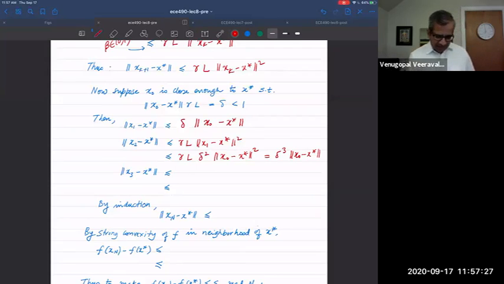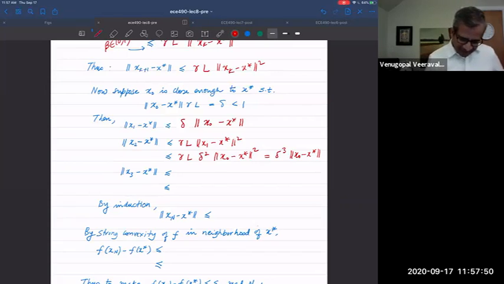Aha. So now I'm seeing that in one step, going from x1 to x2, I've made my delta factor go from delta to delta cubed. Now, if I didn't have the squared relationship here, I would have just gone to delta squared in the second step. Let's see what happens in the third step. So x3 minus x star will be gamma times L times x2 minus x star squared.